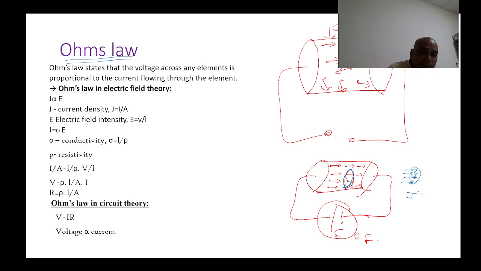If fewer electrons pass, less current passes through the conductor and current density is less. Simply like a tap: if you open the tap, a small amount of water passes through, though the valve is large, so current density is small. But if current passes through the full length of the conductor, current density will increase.